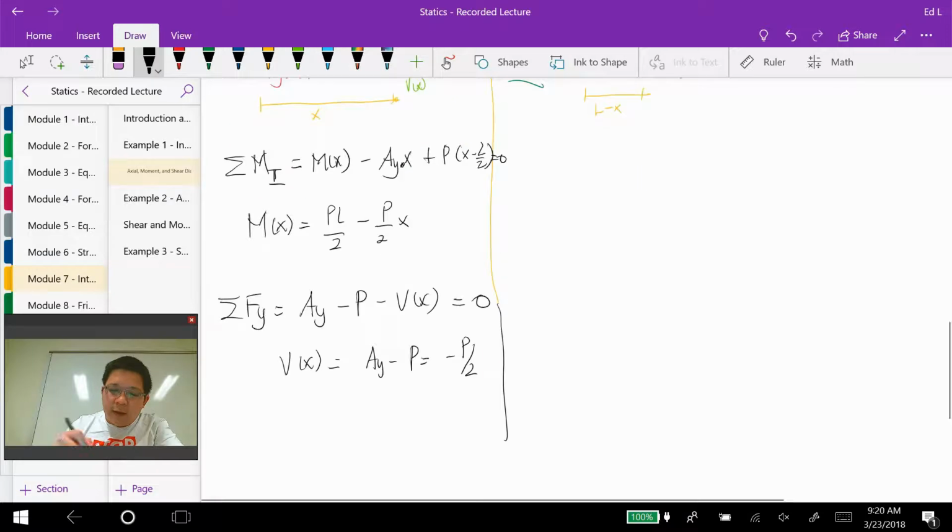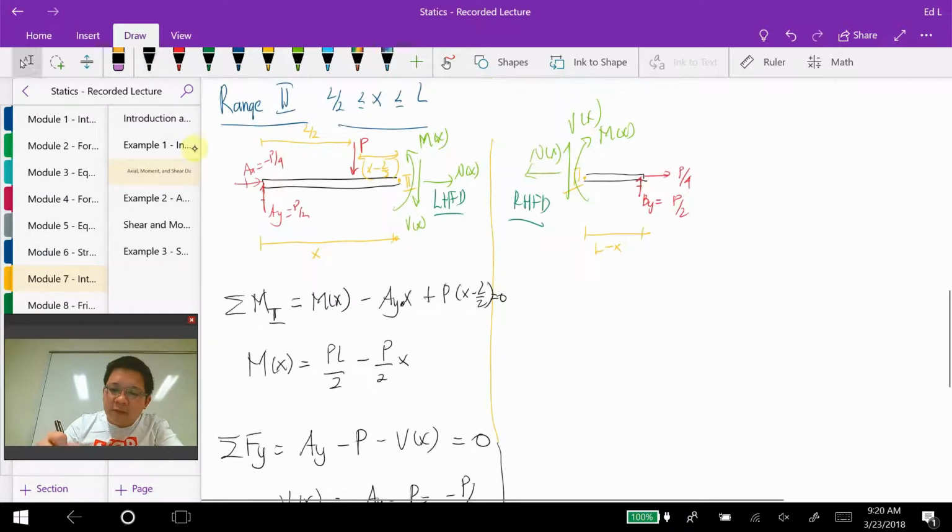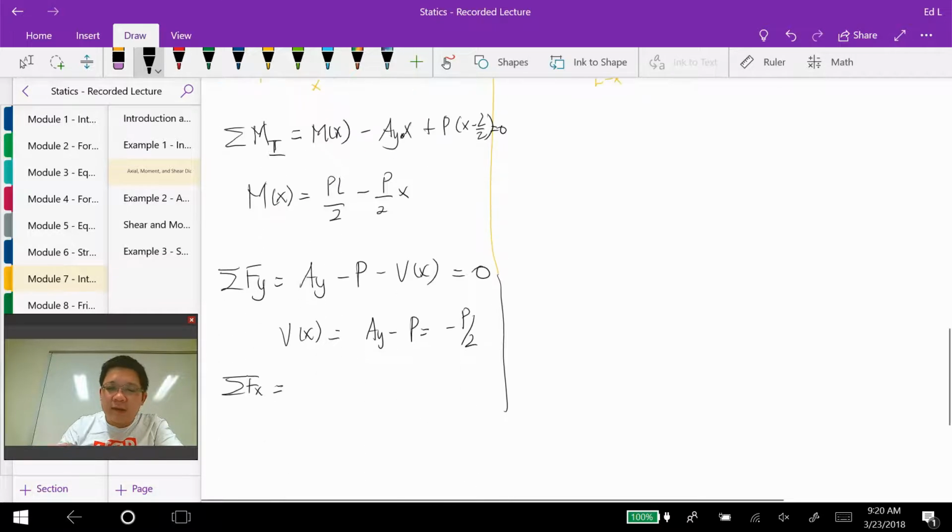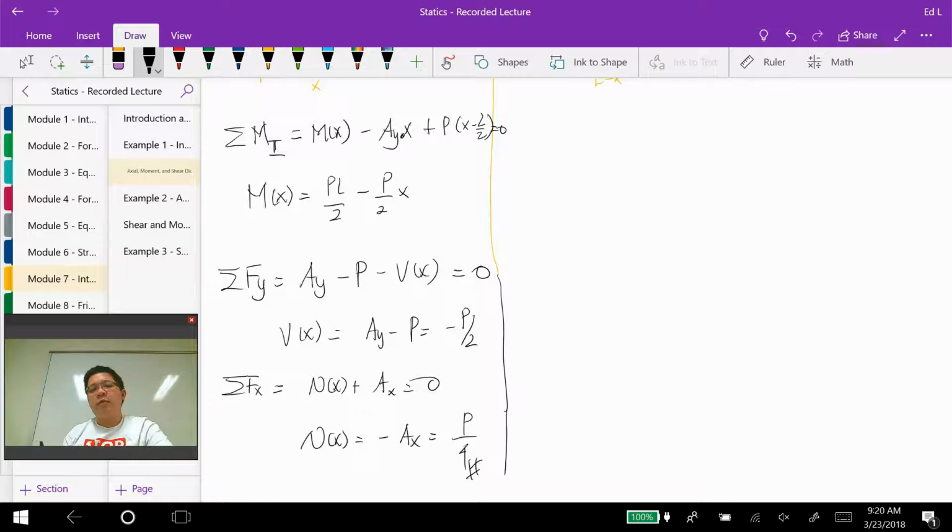And when you do the sum of the forces in x, here you have N of x and AX, so N of x plus AX equals 0. So your N of x is negative of AX, negative of negative P over 4, which is positive P over 4.